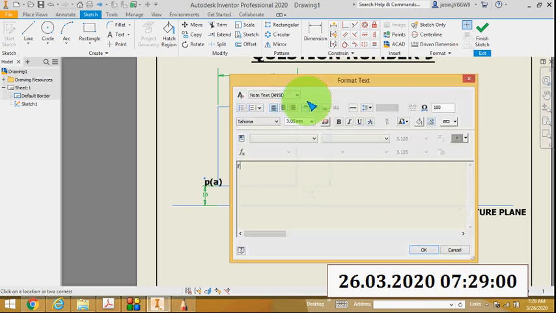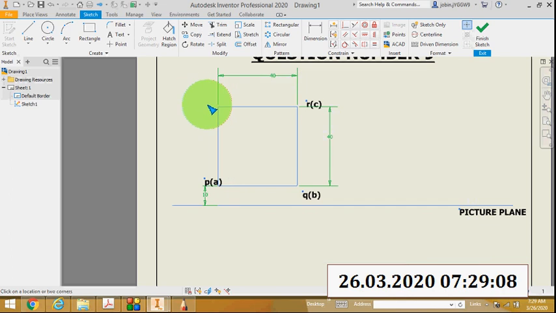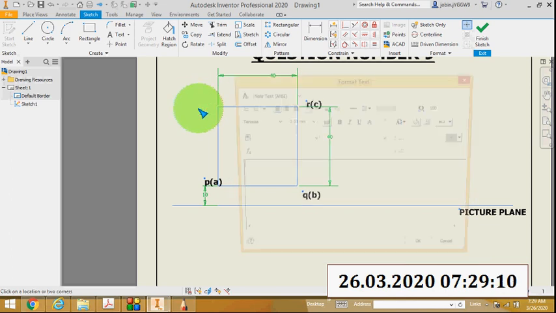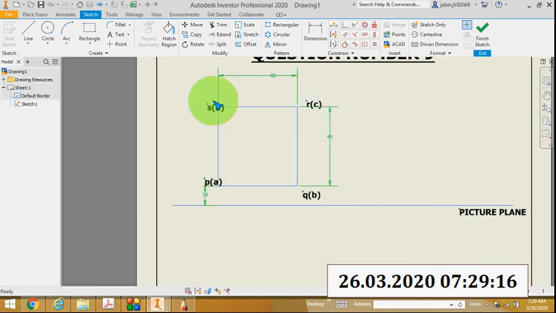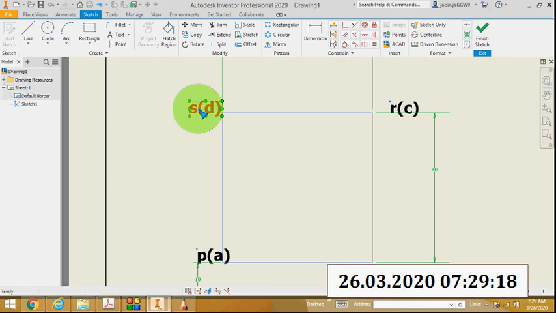Then R bracket C, and finally S bracket D. So this is the top view.